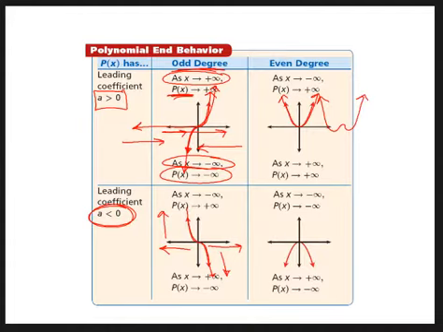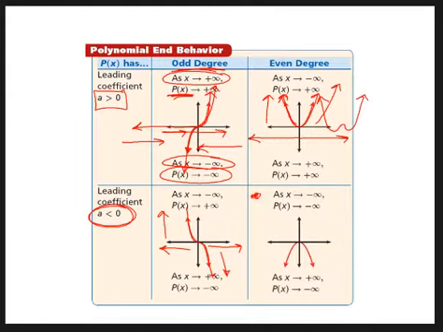Okay? So if you look at it in this sense, as our x values approach positive infinity, the graph itself is going up. So it would be approaching positive infinity. As we approach negative infinity in terms of x, it's still going up, so the function itself would approach positive infinity as well. Just vice versa when you have a negative leading coefficient down here.